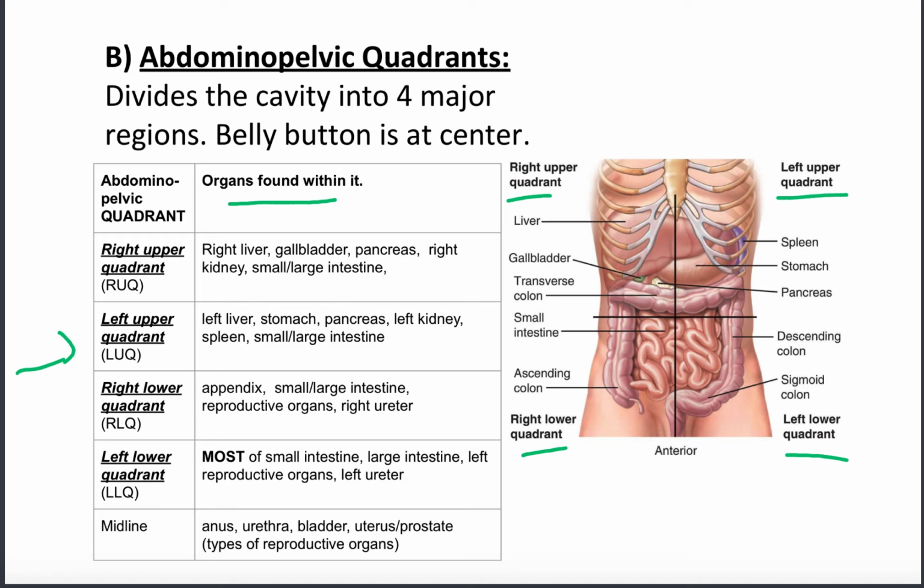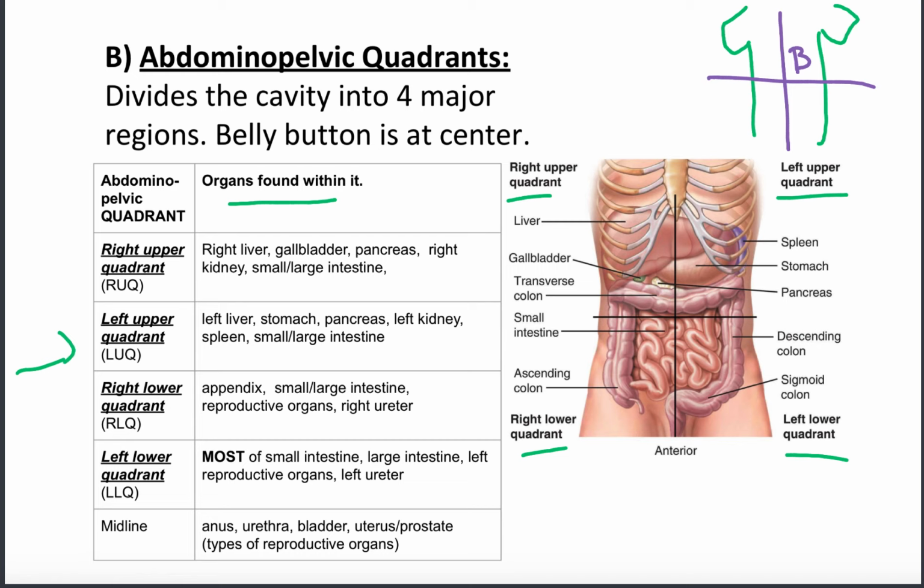So if you're given an image of a torso and you see a grid drawn onto it, and I ask you, all right, what is the name of the B subdivision? Then you should go, oh, it's 4 different parts. It's on the upper left side. It's the left upper quadrant.